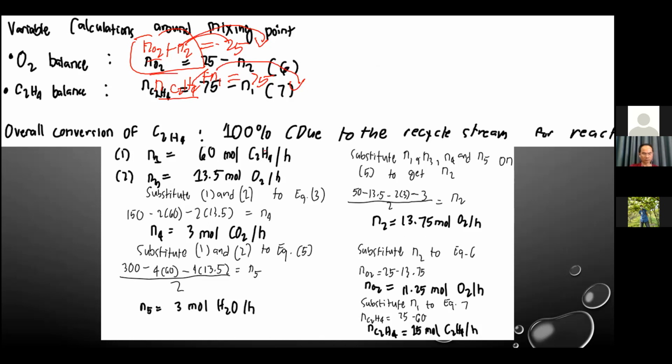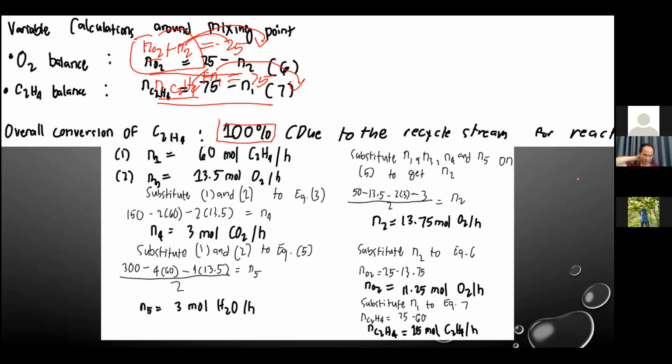Okay, so next that we need to know is the overall conversion of C2H4. Since it is in the recycle stream for the reactor, we can assume that the overall conversion of C2H4 will be 100%.